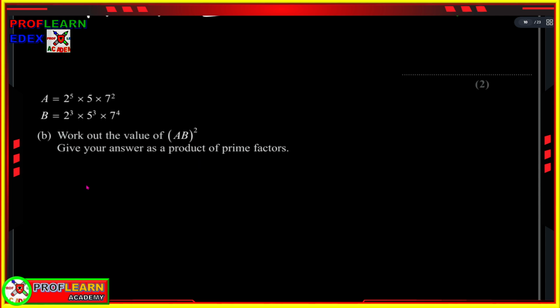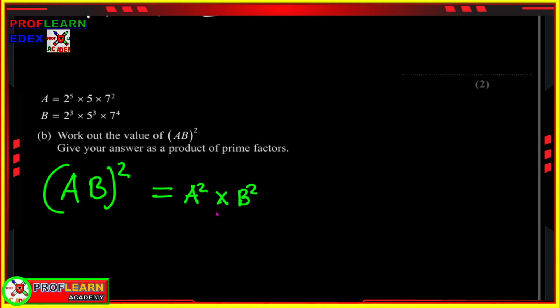So the first thing we need to do is just to appreciate the fact that this is AB raised to power 2. That will mean also that this can be written as A squared times B squared, isn't it?